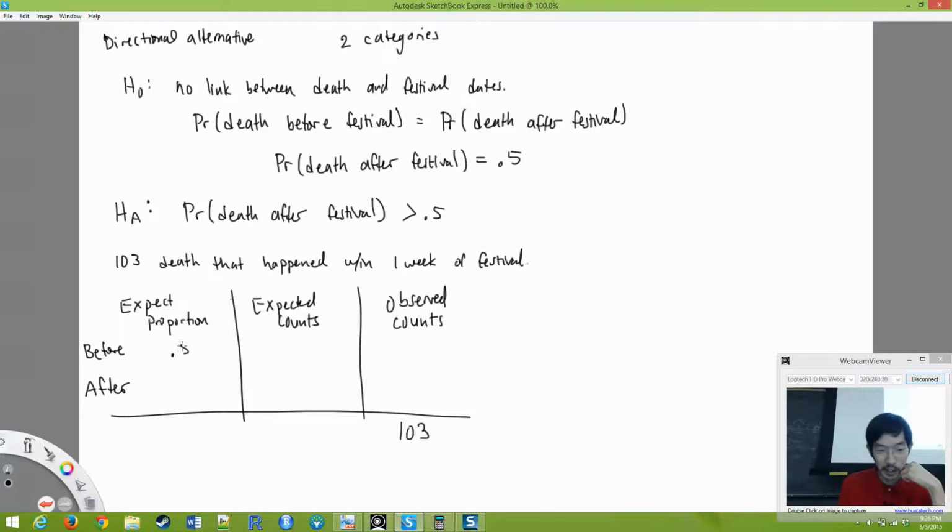So we're expecting half to be before, half to be after. So if there's a total of 103 deaths, we would expect 51.5 to be before and 51.5 to be after. It's fine that there's a decimal in your expected counts. Your expected counts can have decimals. That's not a problem. What we observed was that there was 33 before and 70 after.